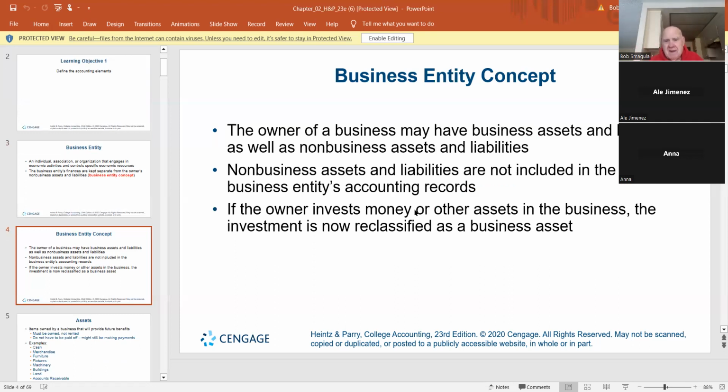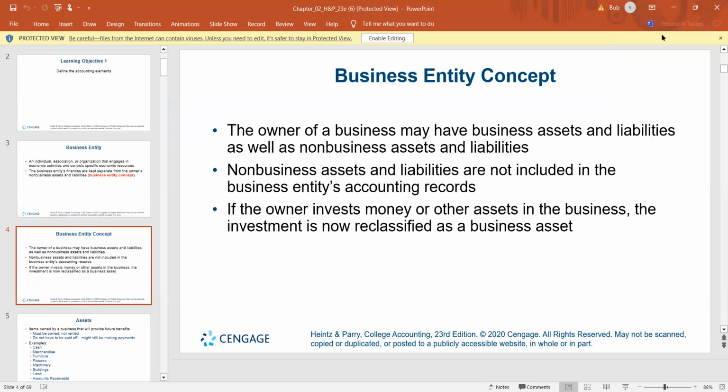And a business may have assets and liabilities, and it may have other types of assets and liabilities. Non-business assets are not included in the business's actual accounting records. If the owner invests money or other assets in the business, now you're talking about a business transaction, okay?